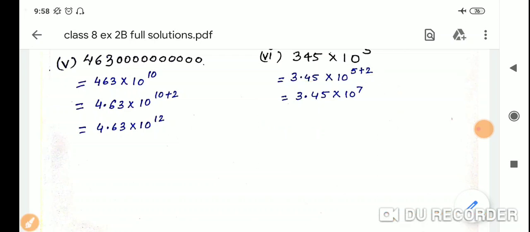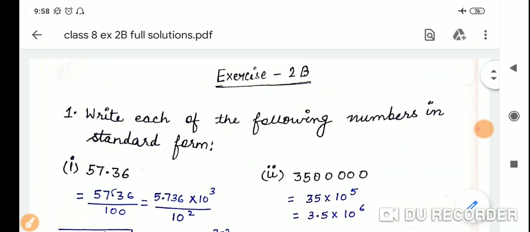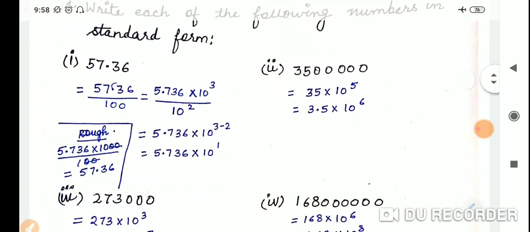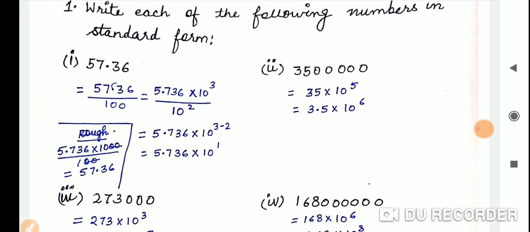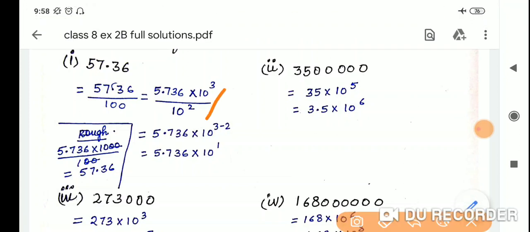I hope the first question is clear. You have to just change it into the standard form. Here in the first part I have done some rough work to show you that when we write 5.736 into 10 raised to the power 3 upon 10 raised to the power 2, if we simplify it, the answer will be 5.736 into 10 raised to the power 1, or if we multiply it you will get this number only.